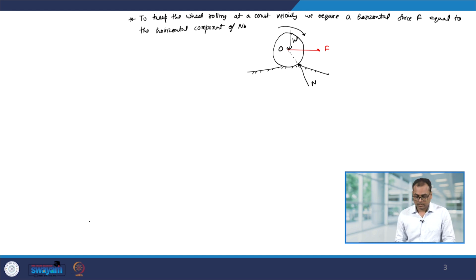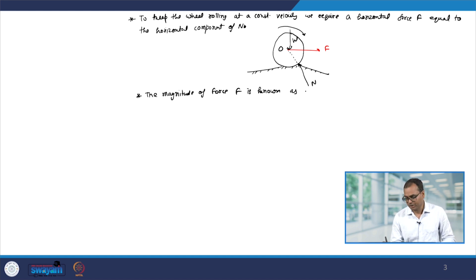The magnitude of force F is known as rolling resistance or rolling friction.